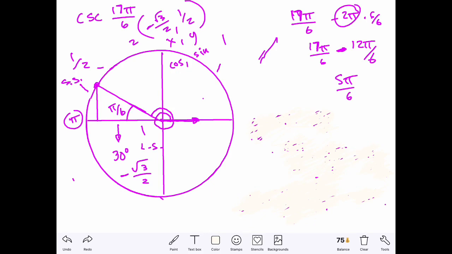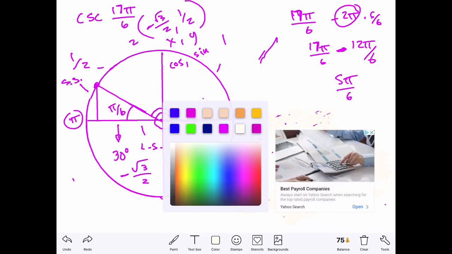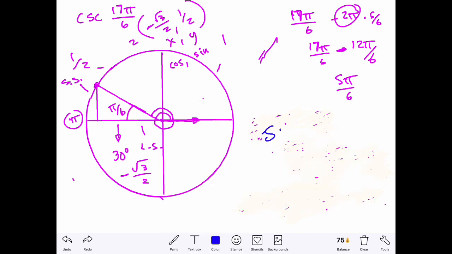Okay, now, cosecant is the reciprocal of sine. So sine of 17 pi over 6 essentially is 1/2.